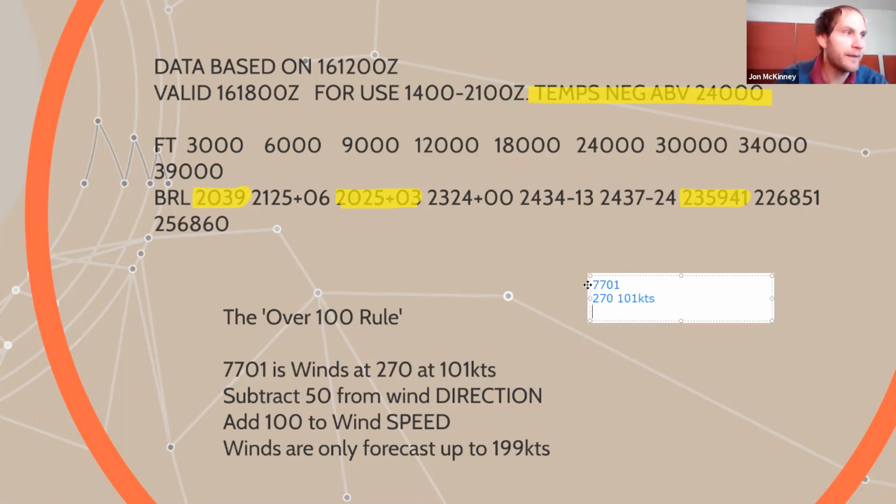How did they get that information? Well, for 77, you subtract 50 from it. I didn't make it up, this is just what the rule is. You subtract 50, and that's how we get 27. So that's how we figured out that the wind is from 270 degrees true.